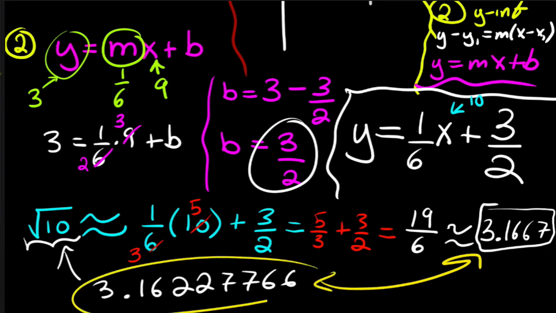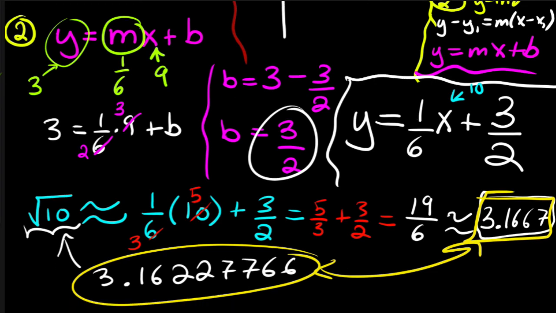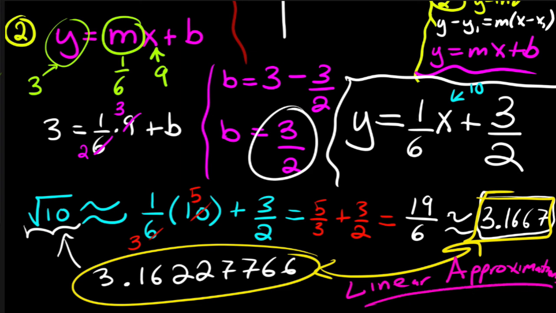I think it's pretty obvious that they are pretty close indeed. This is actually a whole entire topic in itself that we are going to see later on. It's called linear approximations, but I thought I would just give you a taste of one of the ways we use tangent lines.